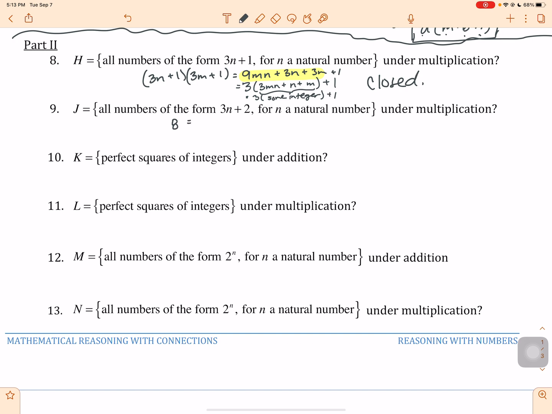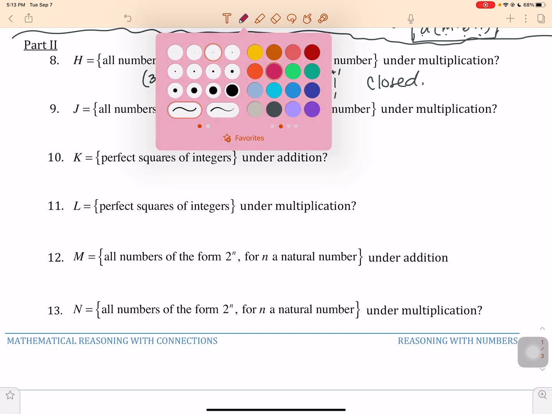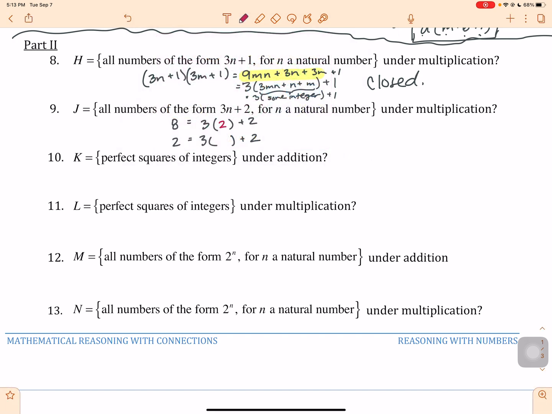So 8 can be rewritten as 3 times something plus 2, just like the number 2 can be rewritten as 3 times something plus 2, right? So here, this would be 2, and this one would have to be 0, okay?